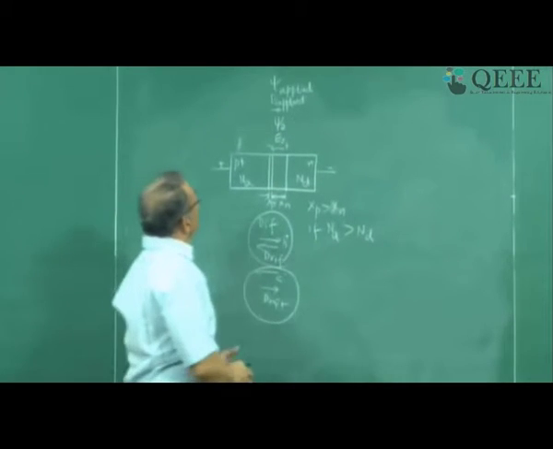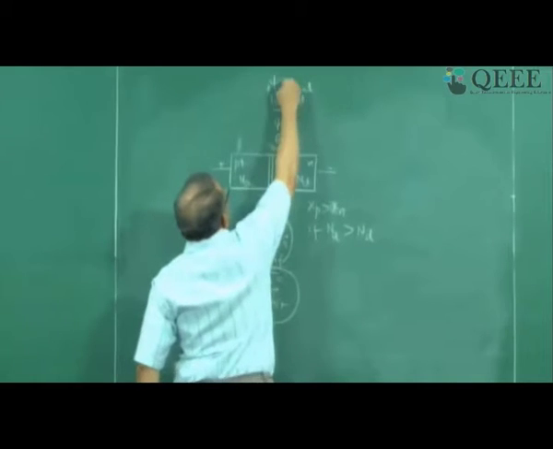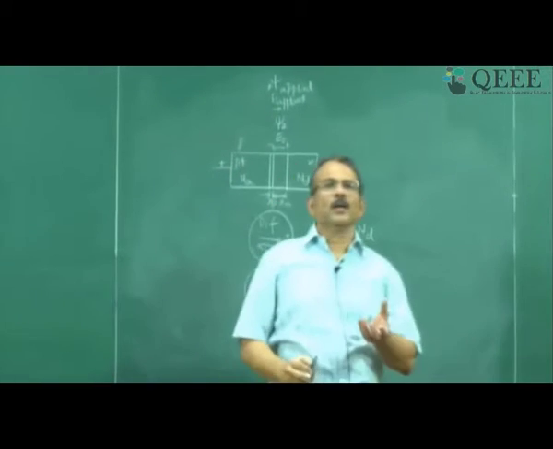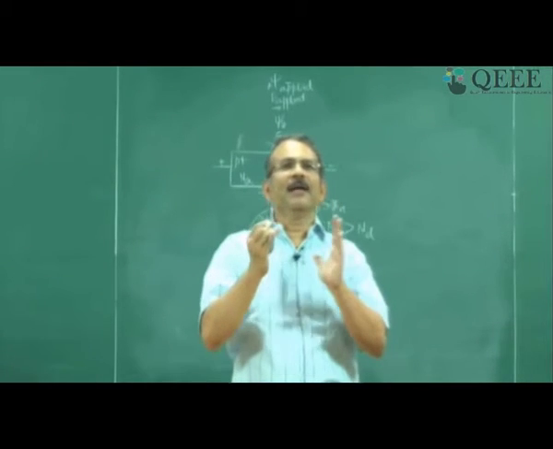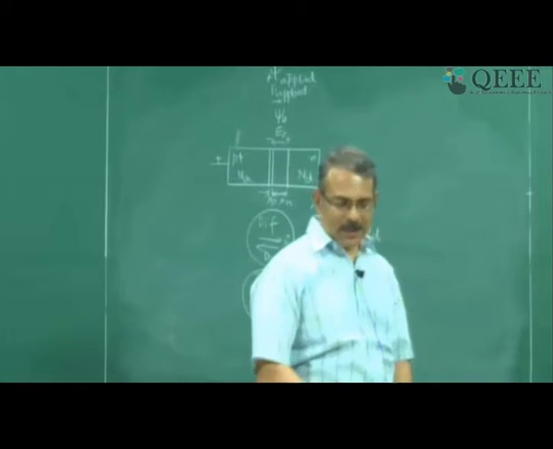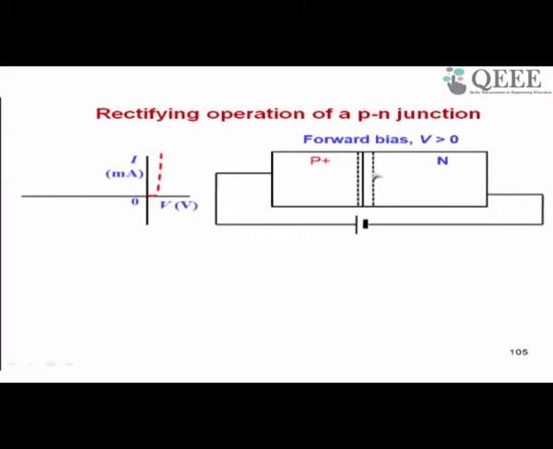So applied potential is opposite to built-in potential. Therefore, the net field in the space charge region is reducing, and that is why the width of the space charge region is also reducing. That is what is shown here. Now we want to explain how you get this current.